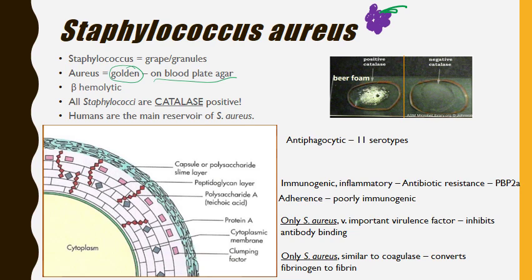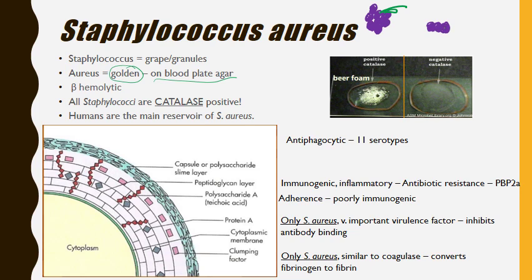But really, the idea of Staphylococcus aureus is that it's a gram-positive cocci that can be grown on blood plate agar. This can somewhat differentiate it from another gram-positive cocci, the streptococci, because the streptococci often grow in pairs or chains.